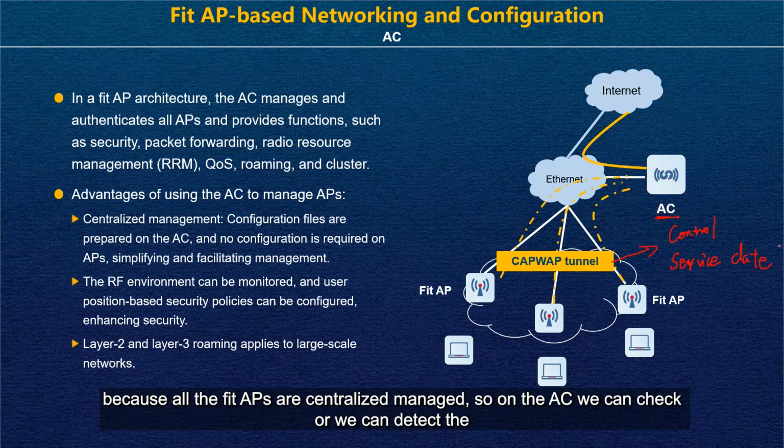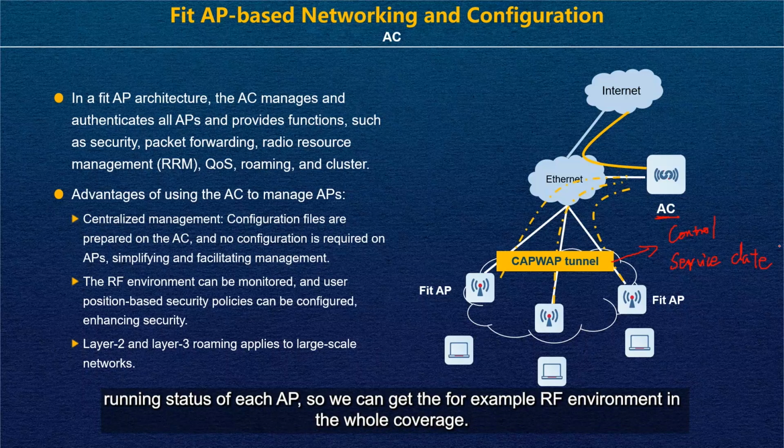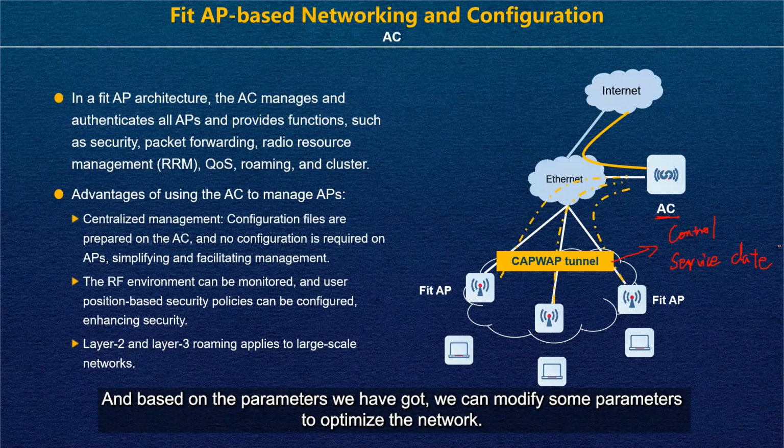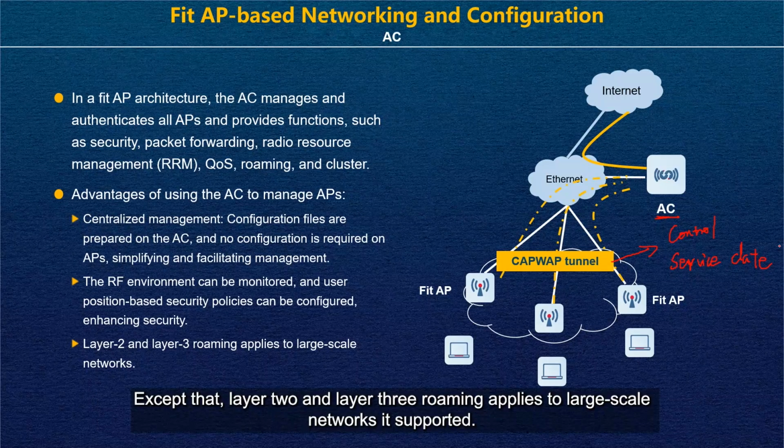On the AC, we can check the running status of each AP, so we can get, for example, the RF environment in the whole coverage. Based on the parameters we have got, we can modify some parameters to optimize the network. Besides that, layer 2 and layer 3 roaming applicable to large-scale networks is supported.